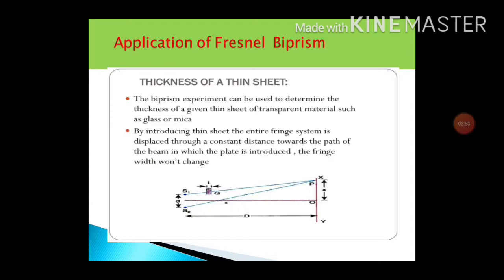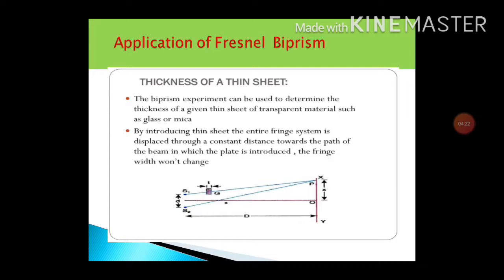If we insert the thin transparent sheet in the path of any one of the waves which are interfering and producing the pattern on the screen, it will simply displace the entire fringe system through a constant distance towards the path of the beam in which we have introduced the thin sheet. However, the fringe width won't change in this case.